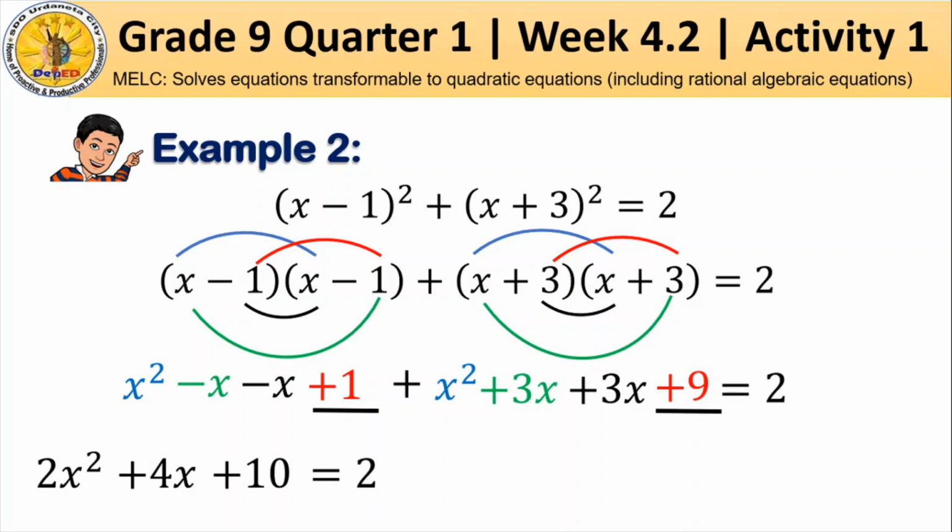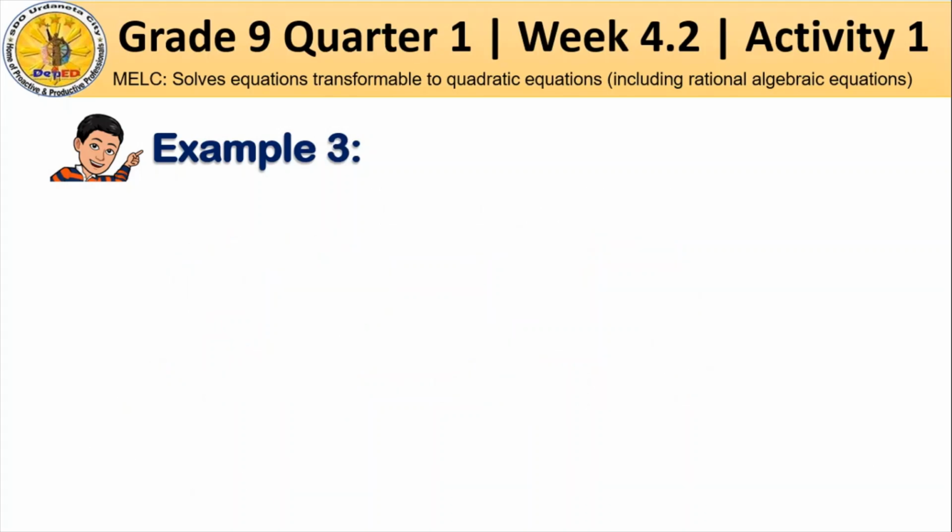That is equal to 2. Then we have to transform this equation in standard form, ax squared plus bx plus c is equal to 0. And this is equal to 2x squared plus 4x plus 8 is equal to 0. Next example.